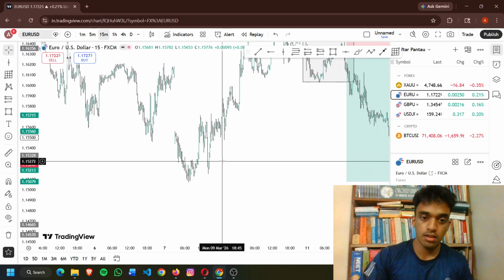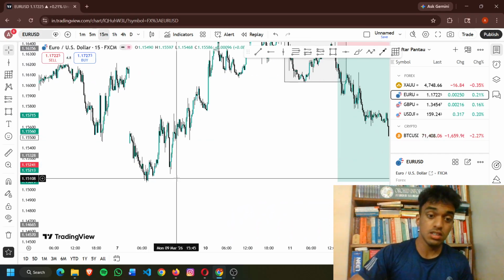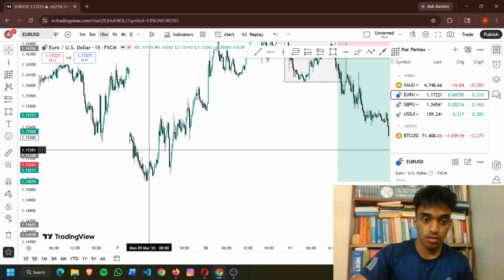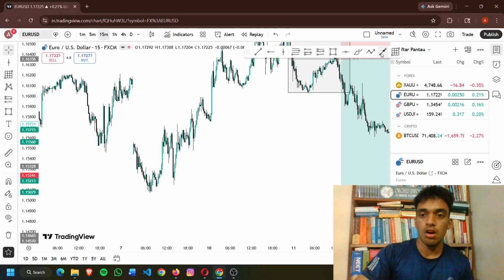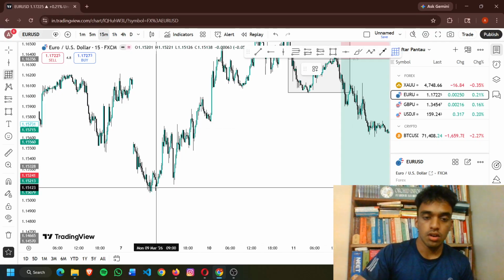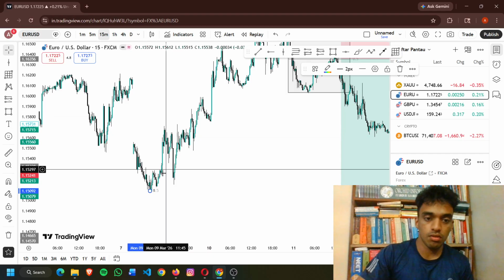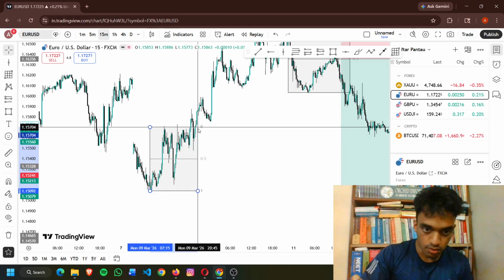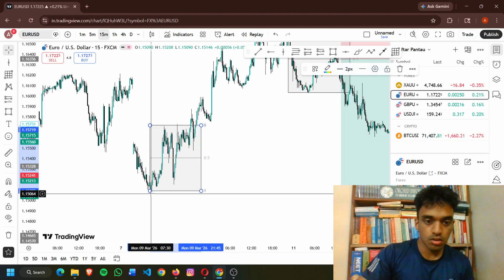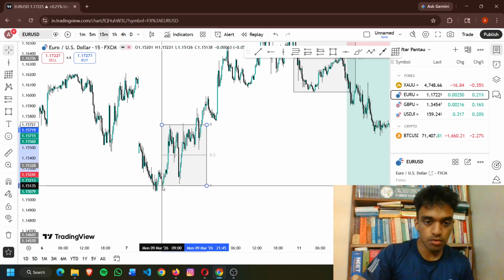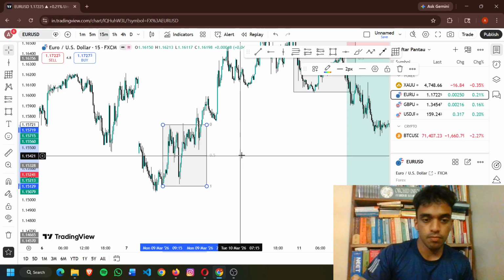See again, this is an equilibrium plus an order block entry. So yeah, this one again, boom, up move. Wait, what happened, guys? Okay, see, you just start for the up move. See, it came down.